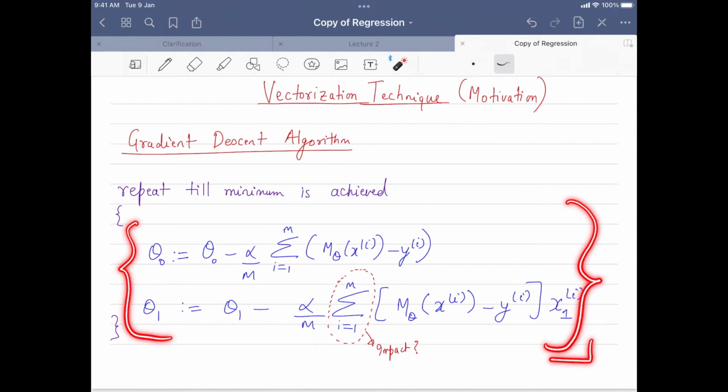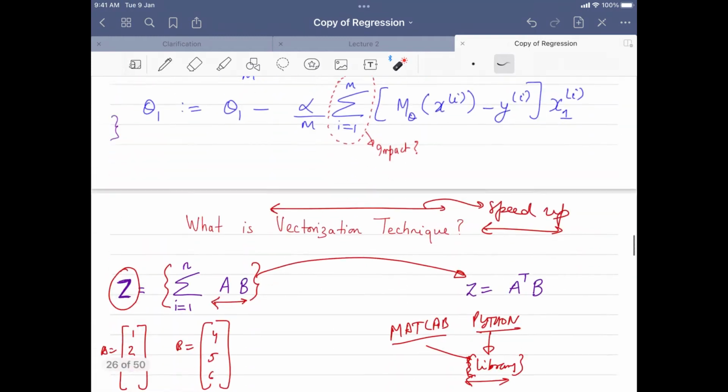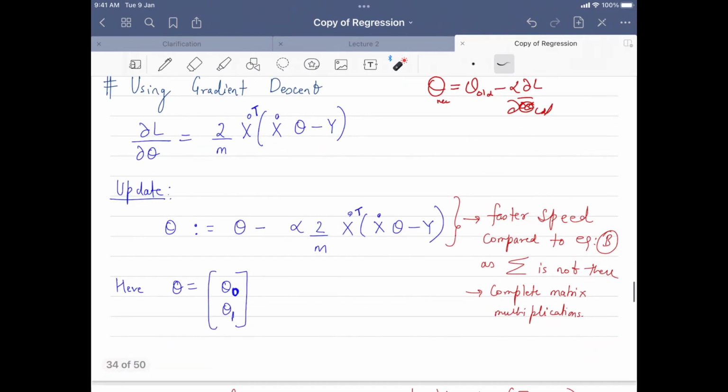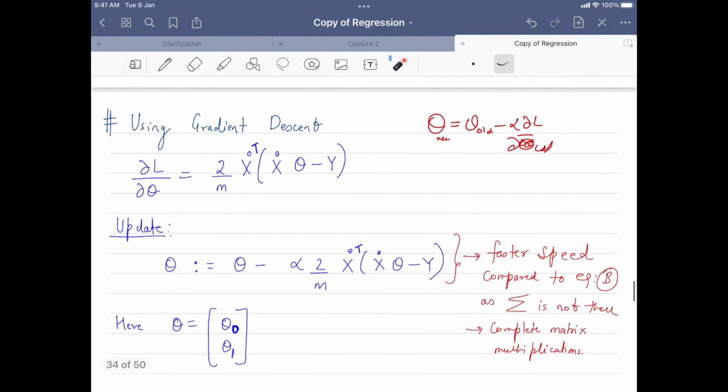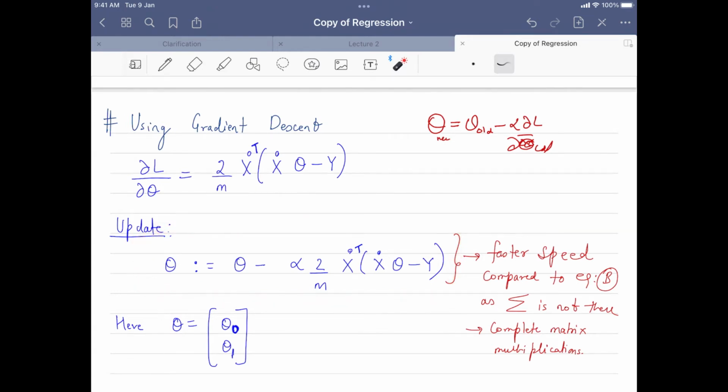The complete implementation of this in the matrix format is this, which is given over here. This is the equation if you represent it in the format of a matrix. Any questions here related to this?